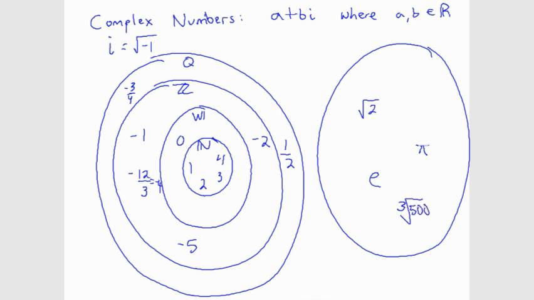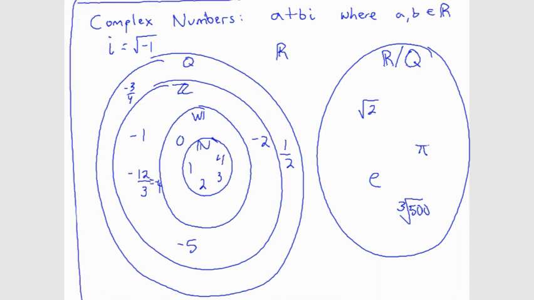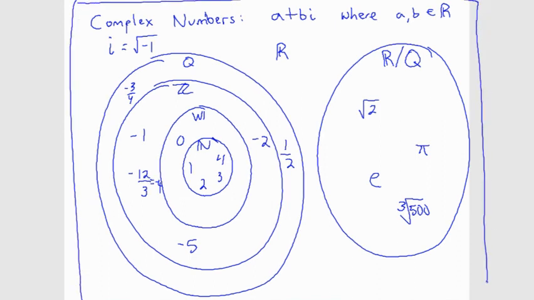This is the real numbers, that little R, and the notation for irrational is the reals, we strike the rationals. And then on top of that is your complex number system. Even real numbers can be written as complex numbers with an imaginary part, the b being equal to 0.